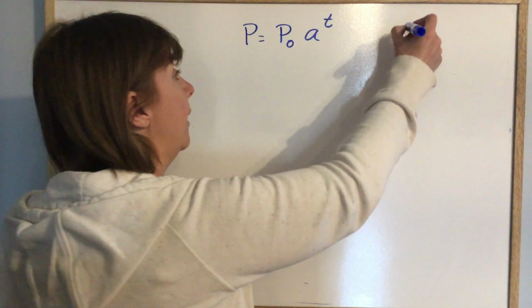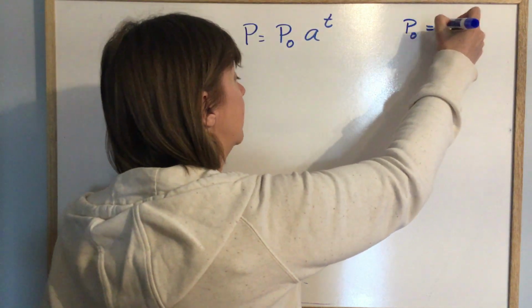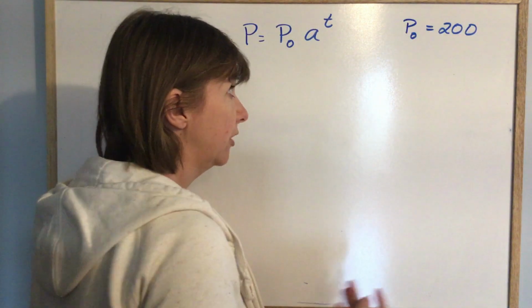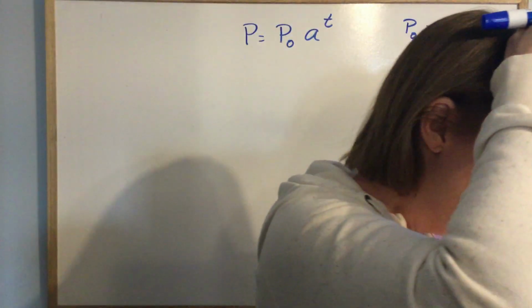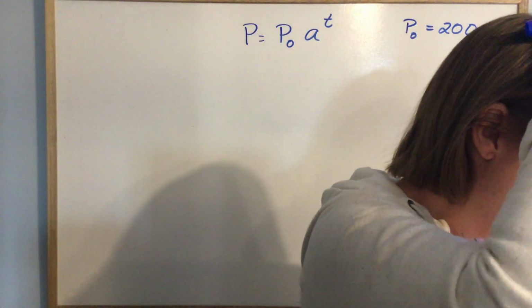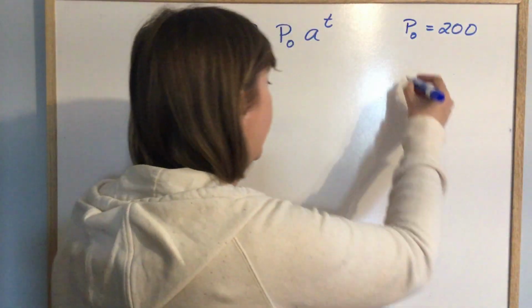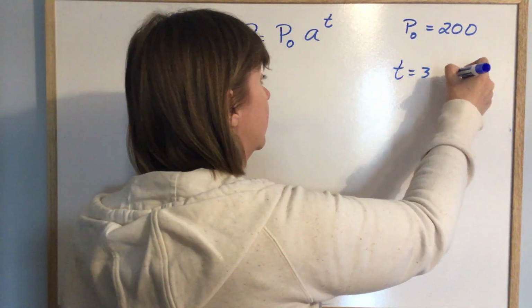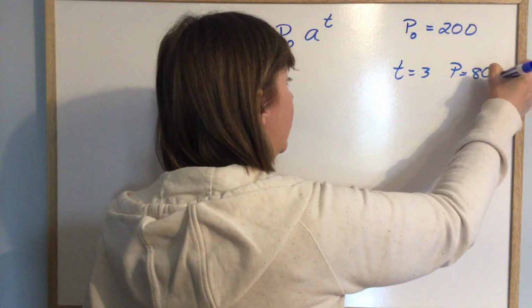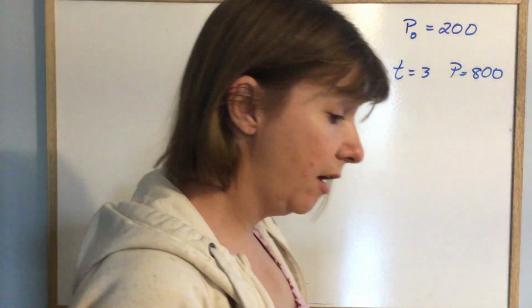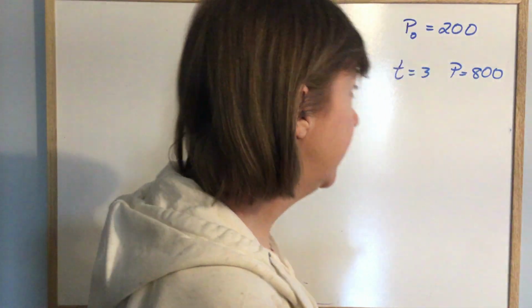So at time 0, that means the original population is actually P0. And it says determine the values, and at 3 hours, the population is 800.